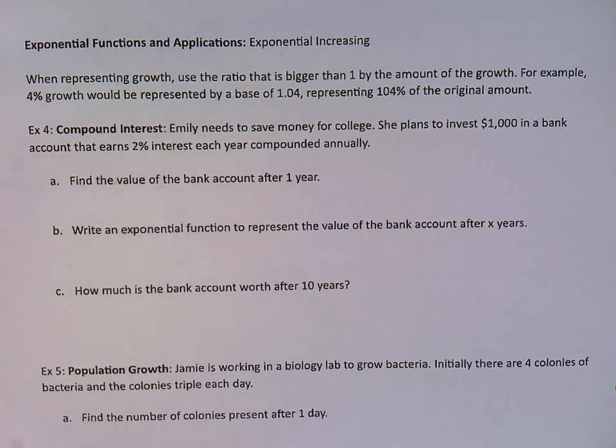So Emily needs to save money for college and she plans to invest $1,000 in a bank account that earns 2% interest each year, compounded annually, which means every year. So it's growing by 2% every year. What's the value in the bank? Write an exponential function and then find it after 10 years.